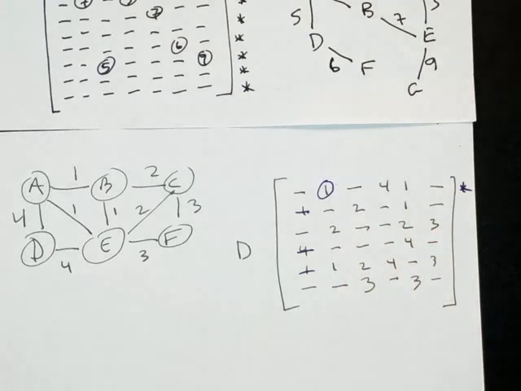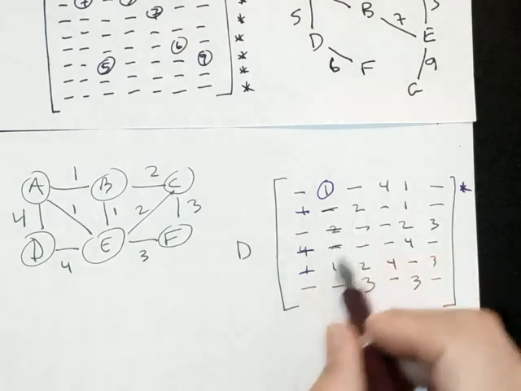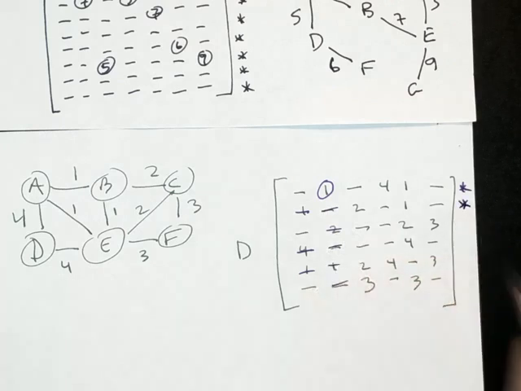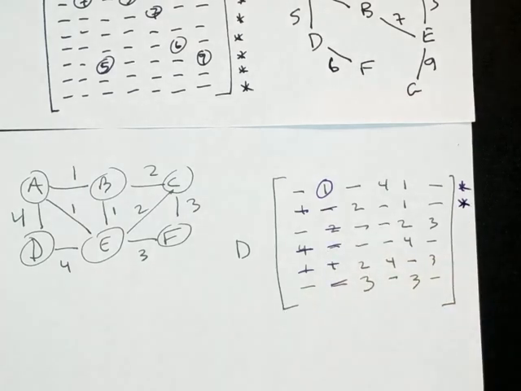What's my dynamic step? What's the next thing that happens? And notice again, I have a tiebreaker here, right? You need to pick a 1. But there's a 1 in the first column, the first row, and a 1 in the second row. You can use either one. Doesn't matter.